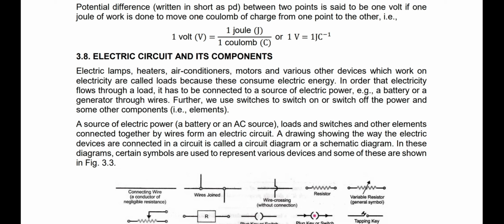A drawing showing the way the electrical devices are connected in a circuit is called the circuit diagram or a schematic diagram. First of all, we have to take a layout while drawing all the components together, deciding that this component must be arranged here and that component there, a particular pattern on the page.